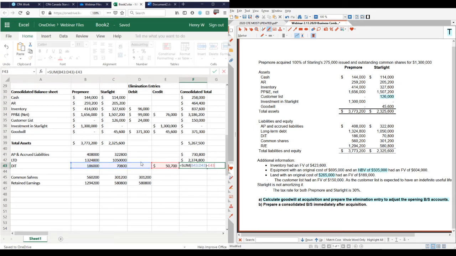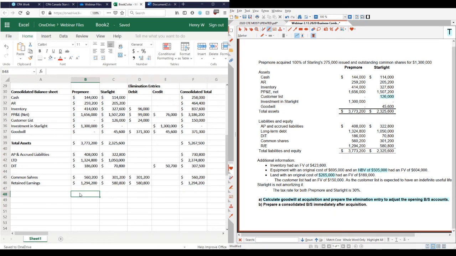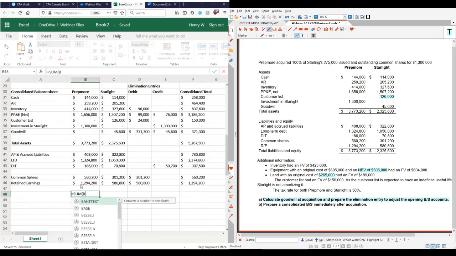Oops, I have my formulas backwards here. Sorry guys, it's not really friendly using the online version of Word and Excel.